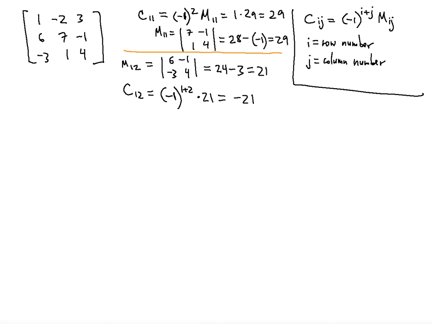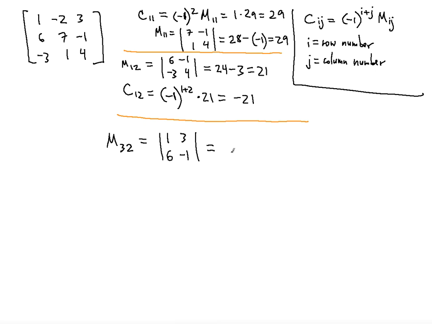And now finally, I'm going to give you one more example. How about we do 3, 2. So 3, 2, row 3, column 2. So we're working with 1, 3, 6, negative 1.